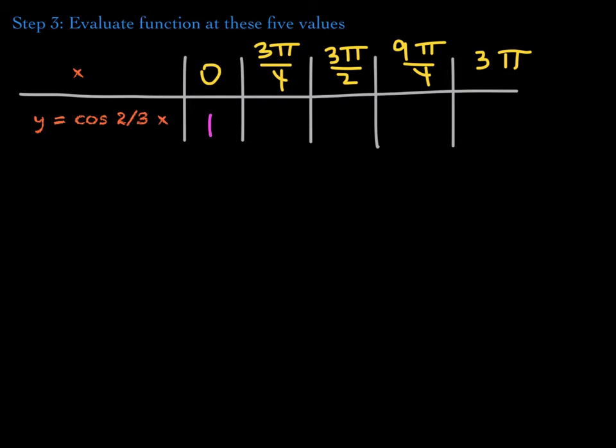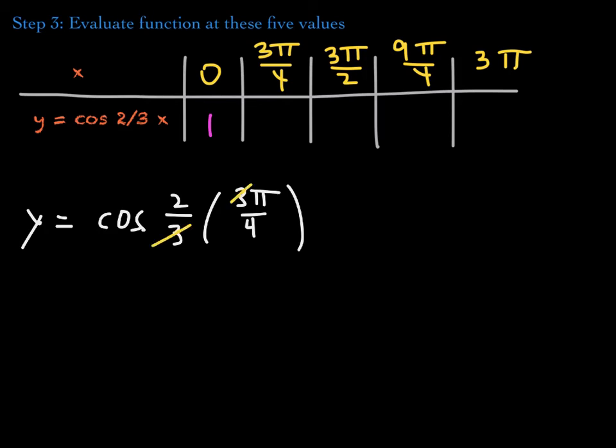I'm going to show my work for the next ones, just to make sure that we're all on the same page. I'm going to let x be 3 pi over 4. Notice that with some fraction work, the 3's cancel, and this ends up being cosine of pi over 2.